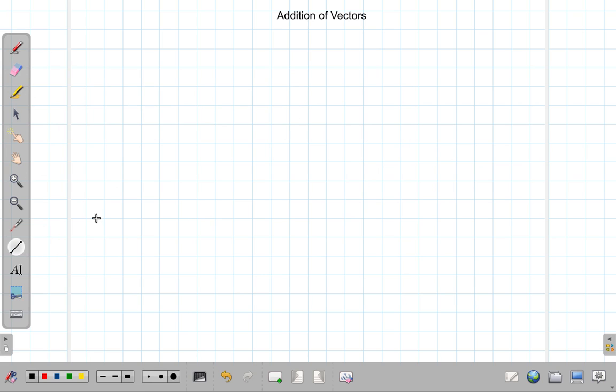Suppose you're able to look down from upstairs where you have this table being pushed, and one person is pushing the table this direction with say 70 newtons of force.